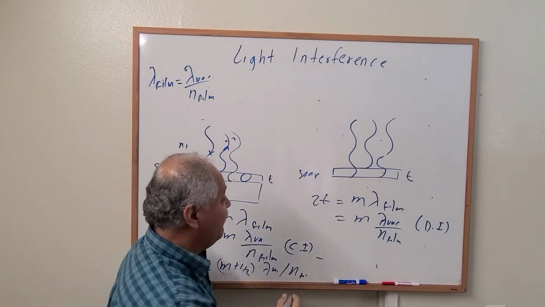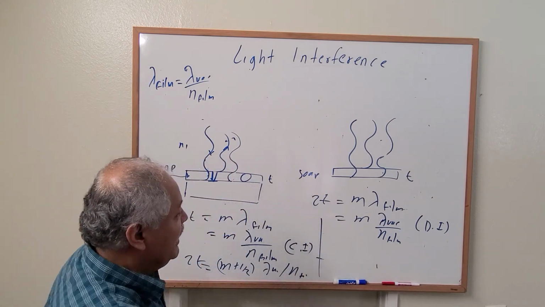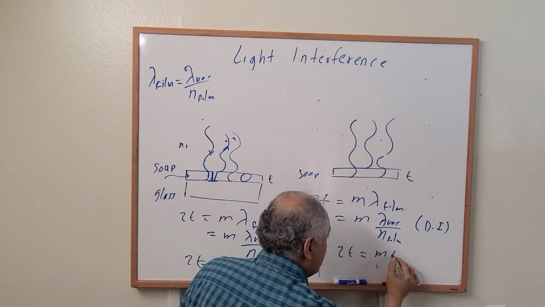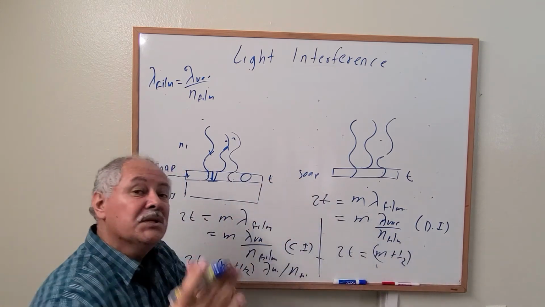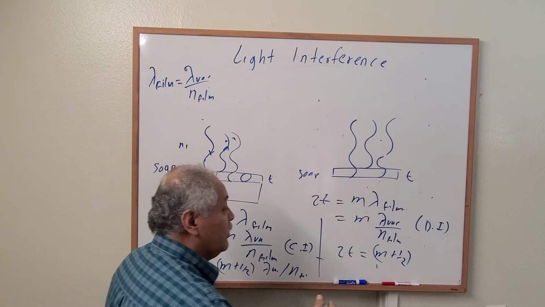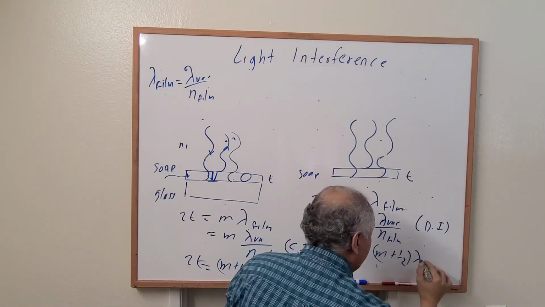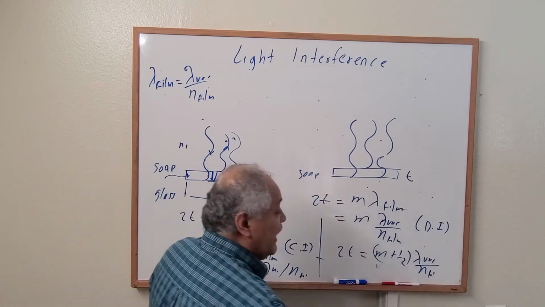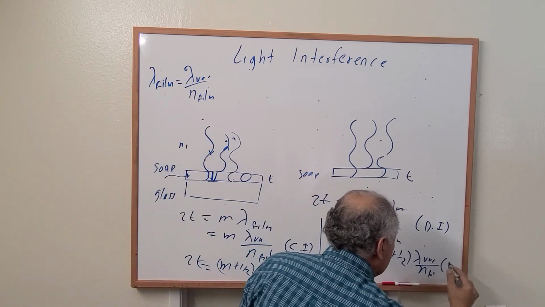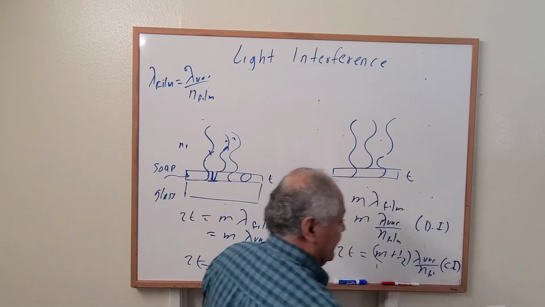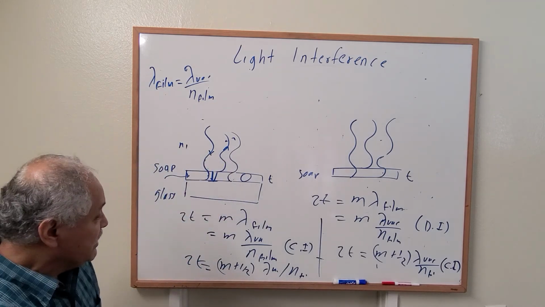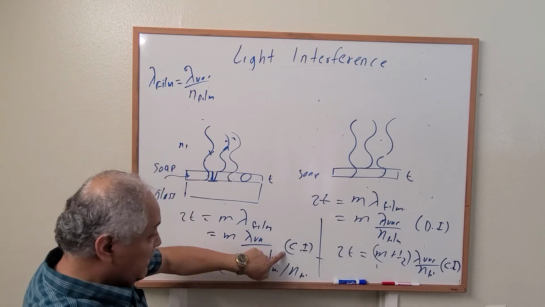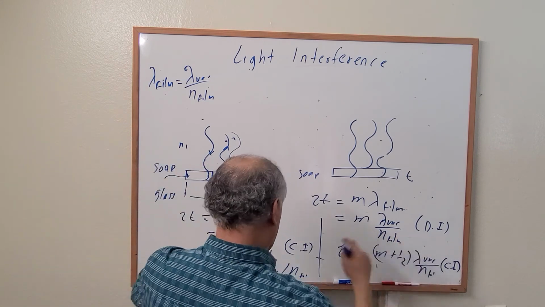Now, when do we have a constructive? It's going to be in this way. So it's going to be m plus 1/2, right, when we add or subtract 1/2 of the wavelength. Lambda in vacuum divided by index of refraction of the film, right? And in this case, this is the condition for constructive interference. So as you can see, look. This is the same as this one, but for this case it's constructive and for this case it's destructive.